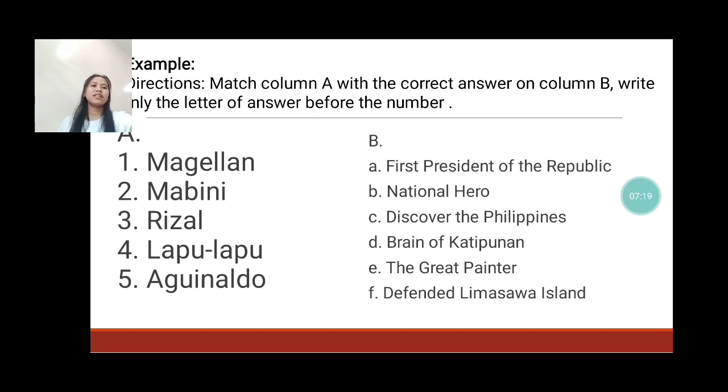Magellan, and then they were going to choose Mabini, Rizal, Lapu-Lapu, Aguinaldo, and then they were going to choose the right or the correct answer. So the takers or learners must follow the instruction before taking the test. So that is the example of the matching task.